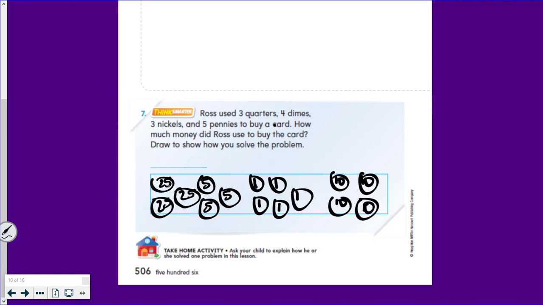So 25, 50, 75, right? So we added those up. I'm going to hop over to the dimes: 85, 95, 105, 115, right? So that's $1.15. Okay, so I'm going to write my dollar so I don't have to worry about keep counting the dollar. So I'm at $1.15.